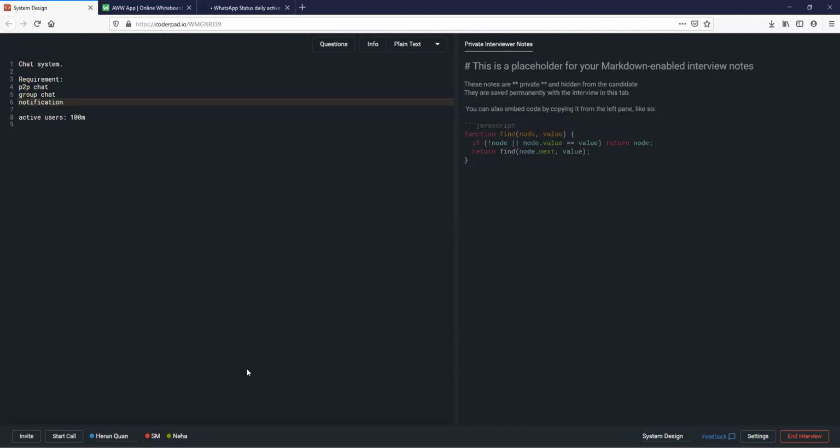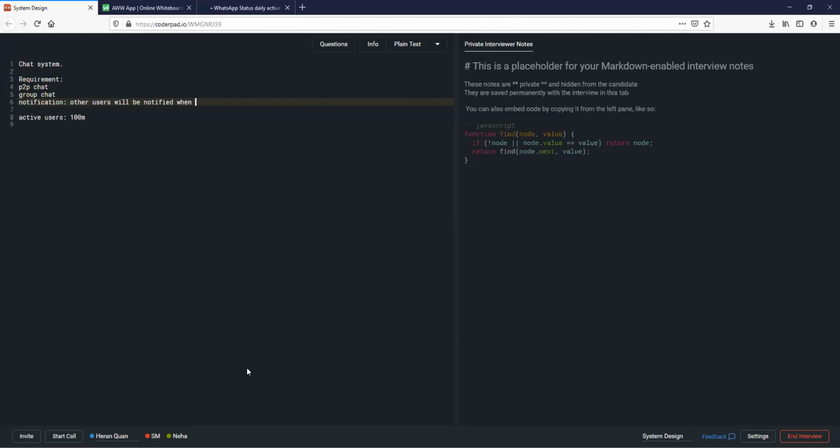And for the group chat, if anyone chats in their group, all the other users will be notified. So let's make that assumption.